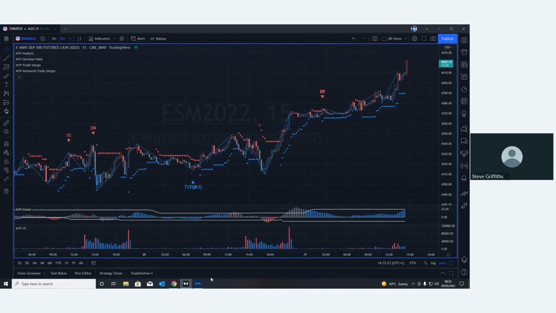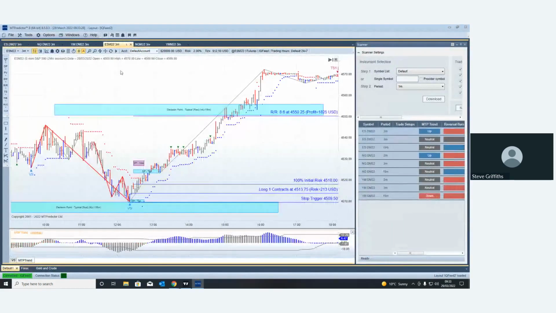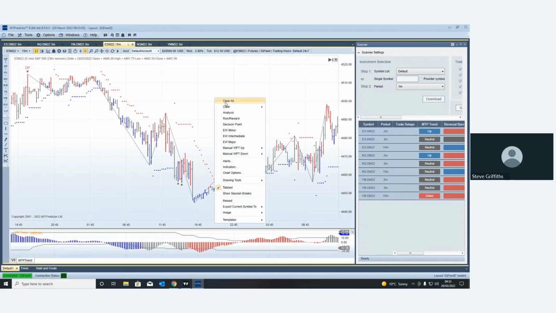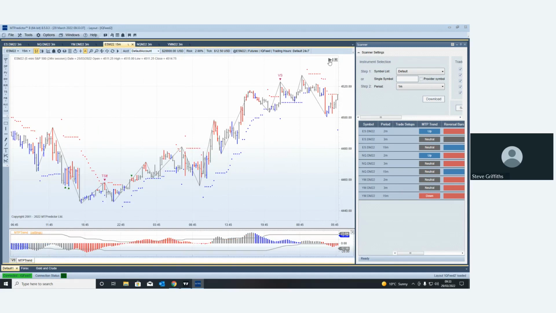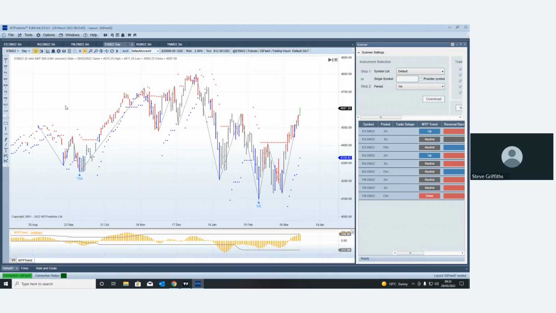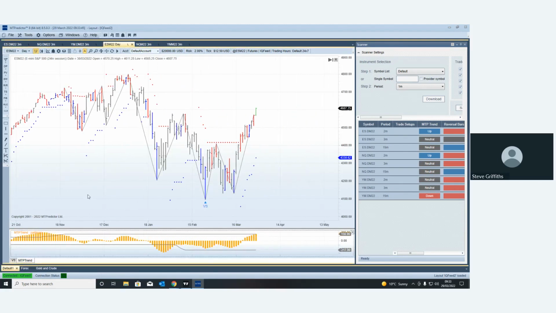In fact, let's go and have a look at the large degree picture on perhaps the ES here. Let's take everything off. Let's go out and do a daily chart here, just to see what we're doing. Yes, this is very interesting, because that was the low there, wasn't it, that came off this DP?